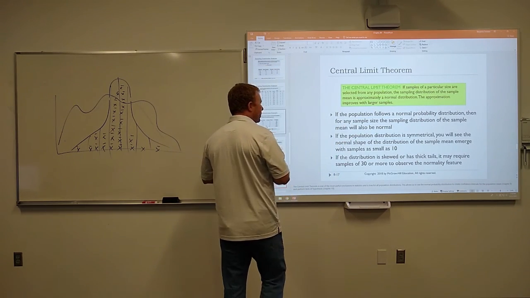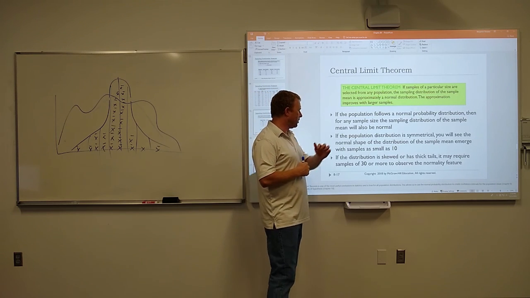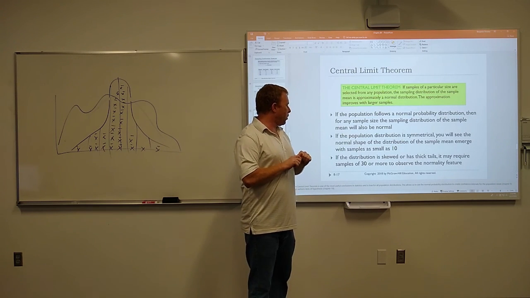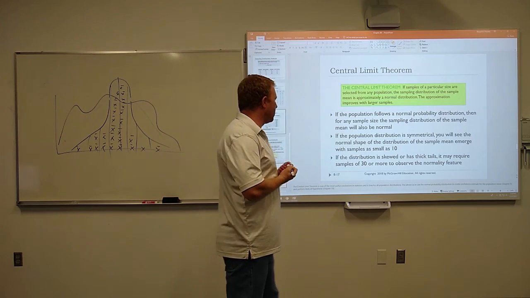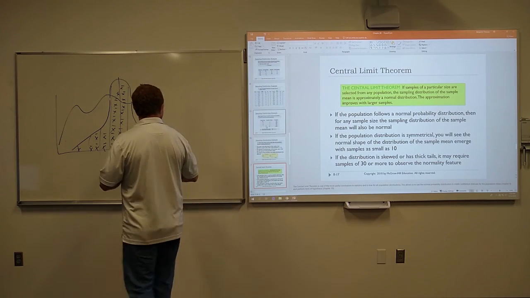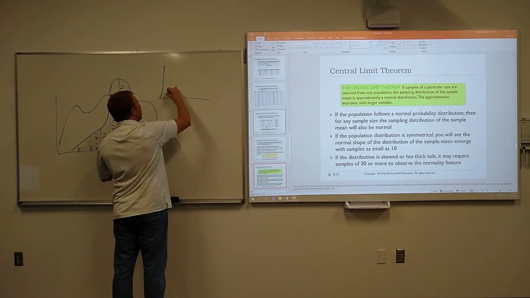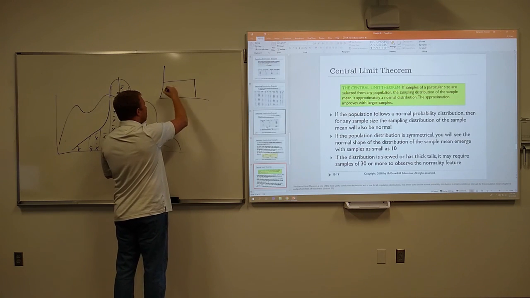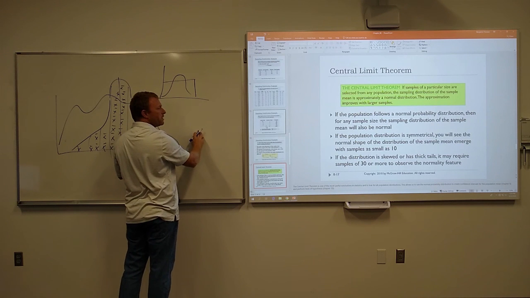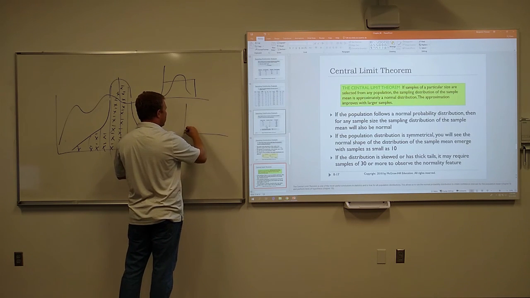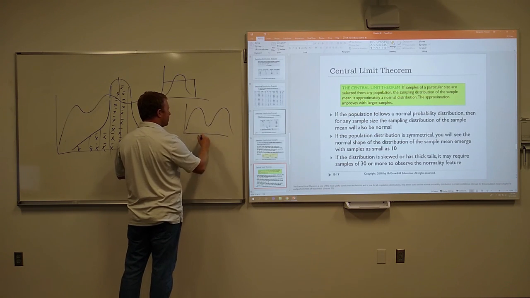So if the population distribution is symmetrical, you'll see the normal shape of the distribution of the sample mean emerge with samples as small as 10. What does that mean? Remember these? What are these called? That's a uniform distribution, isn't it? We start taking the means, we can turn one of those into a normal one. What about these? What is this one called? Bimodal. Remember this one?